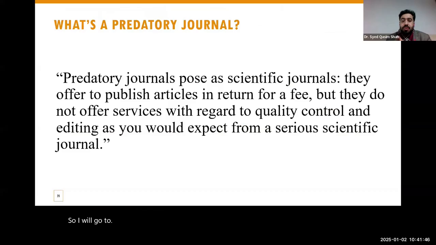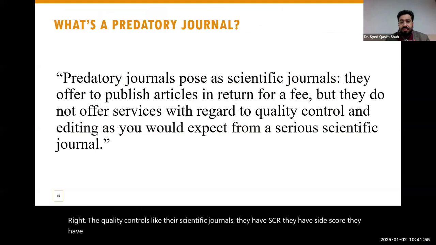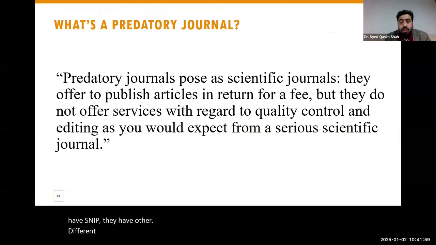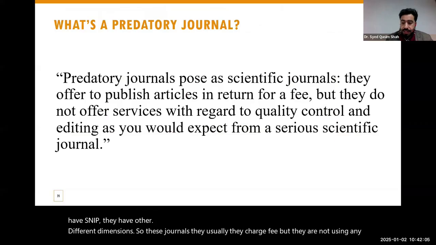Real scientific journals have quality controls like SJR, CiteScore, SNIP, and other different dimensions. These predatory journals usually charge a fee, but they are not using any quality control standards.